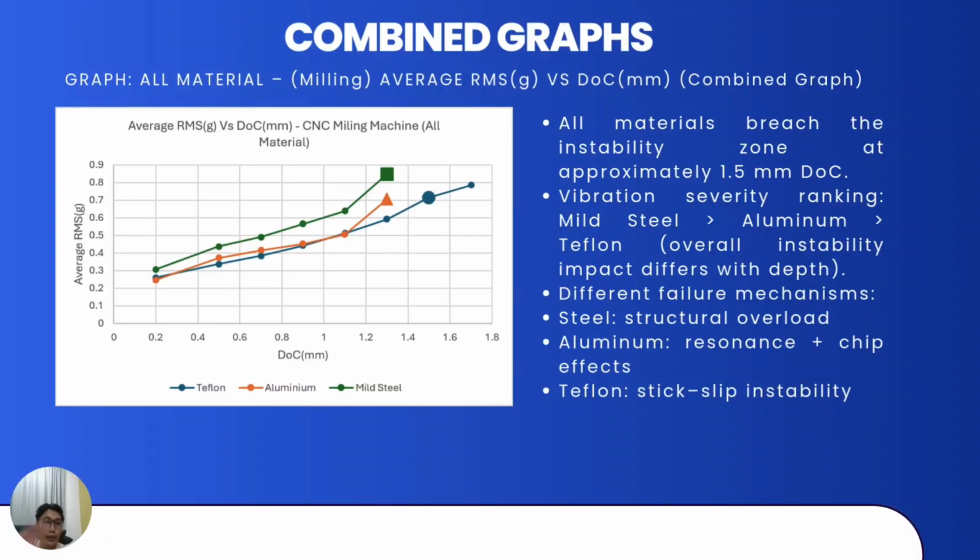And for the combined lathe machine, when comparing the two systems, we notice distinct curve characteristics. Why are they different?